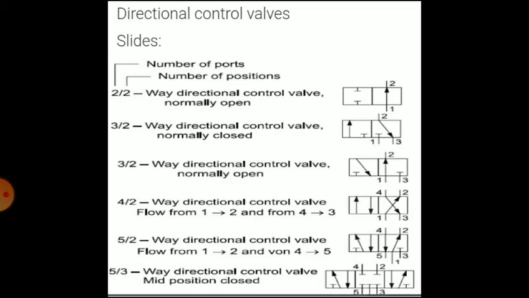Like that, a 3 by 2 direction control valve normally open is shown. Then a 4 by 2 direction control valve with flow from 1 to 2 and from 4 to 3 is shown. Then the 5 by 2 DC valve and 5 by 3 DC valve, all the symbols are shown in this slide, and they are indicated by the numbers.